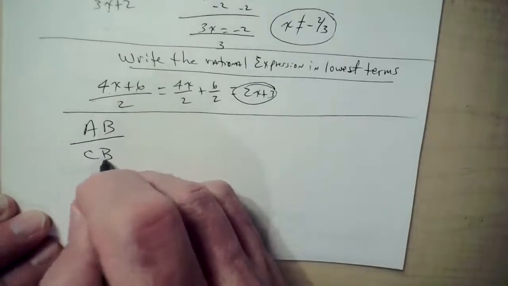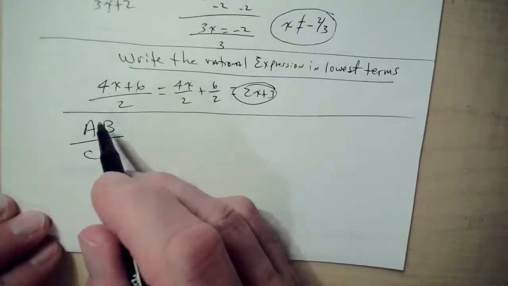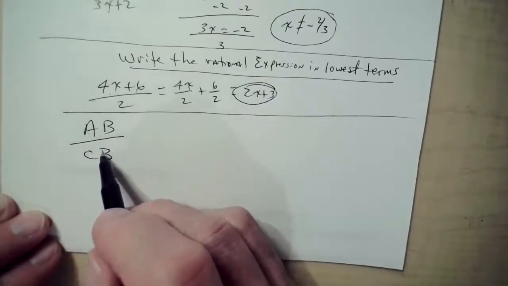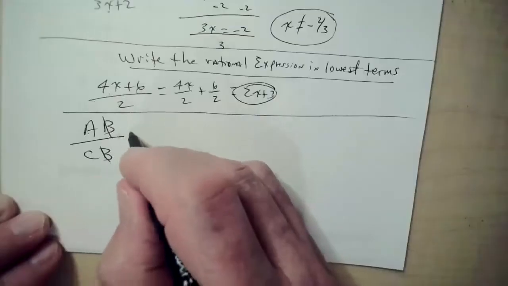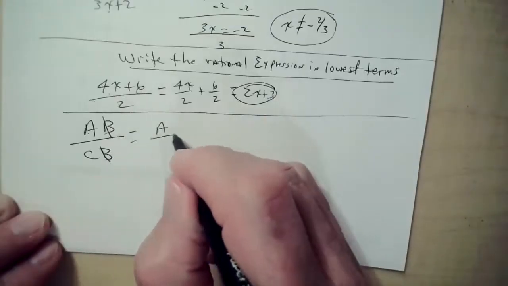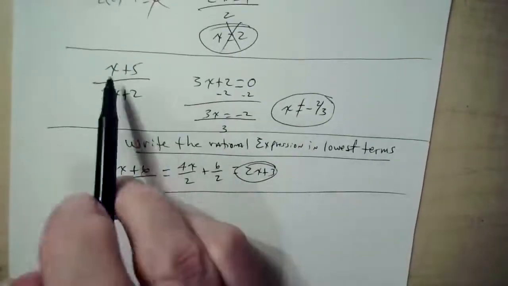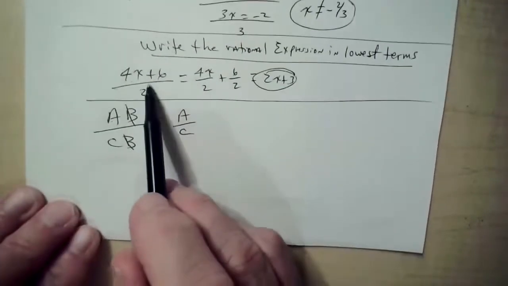Now what if we have AB divided by CB? This is all multiplication here, so we don't have to divide each term by one of these. So b divided by b is 1, so our answer there is A over C. Okay, y'all get the idea here.